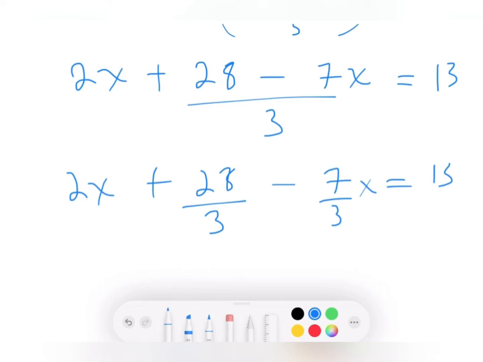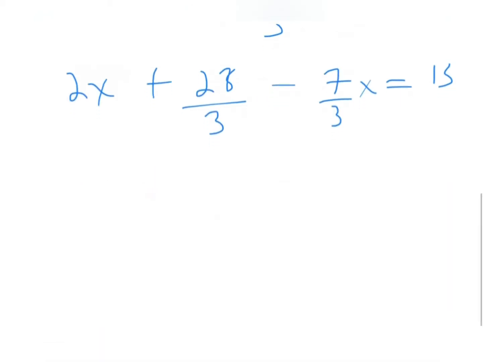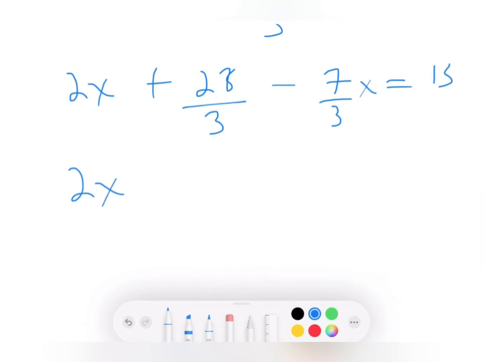We're going to take the constant to one side, so we're going to have 2x minus 7x over 3 equal 13, and since we're bringing this to the other side, we subtract, so minus 28 over 3.